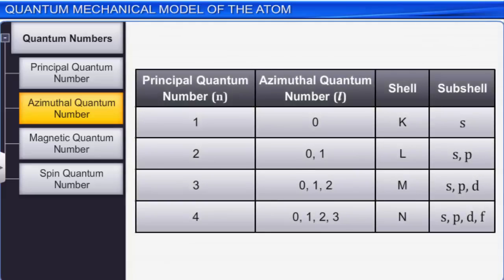Thus, the subshells in the K shell for n is equal to 1 is S. In the L shell with n is equal to 2 are S, P. In the M shell for n is equal to 3 are S, P, D. In the N shell for n is equal to 4 are S, P, D, F, and so on.